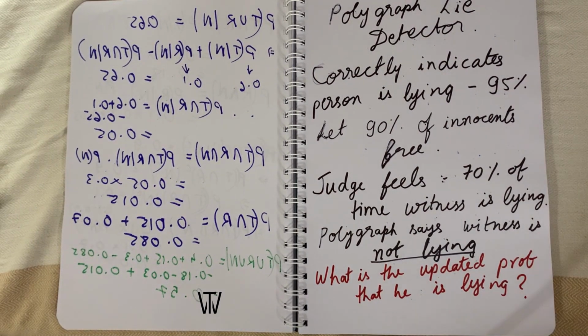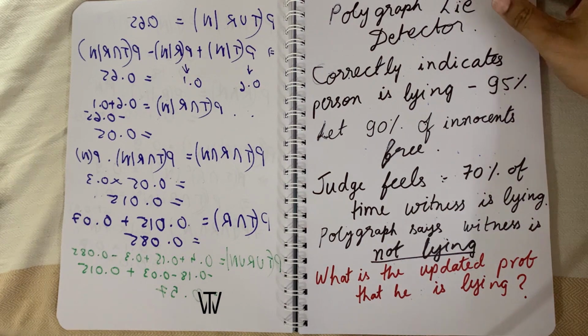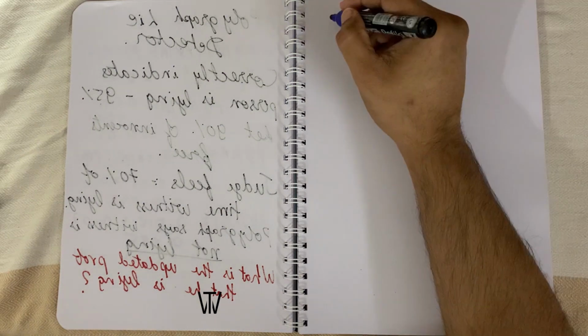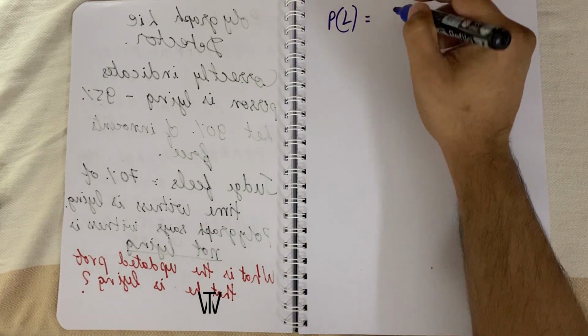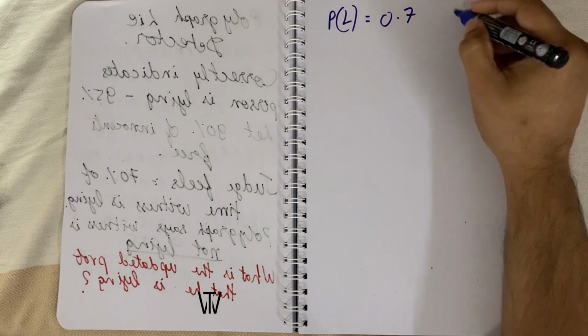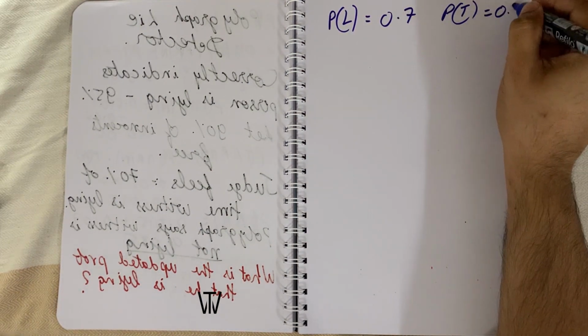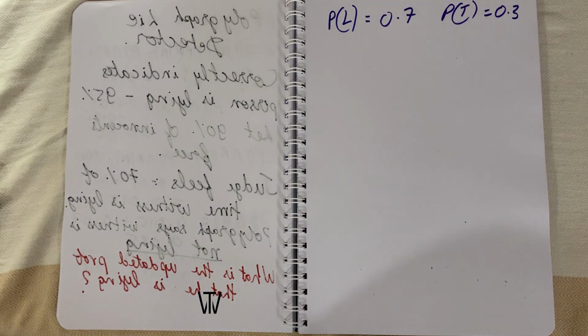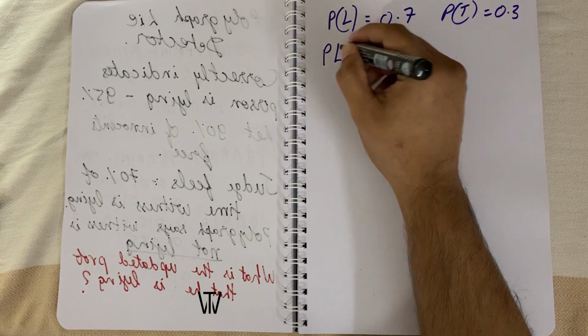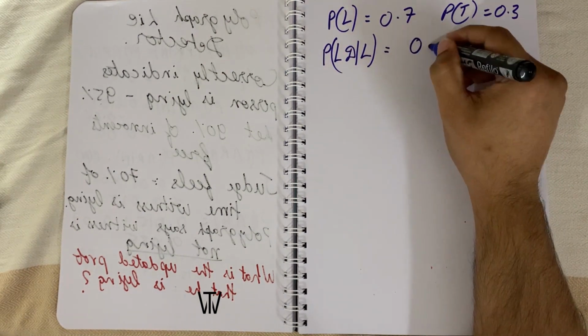So, to solve this problem, let's see what information is given. It is given that the judge feels there is a 70% chance that he's lying. So, P of L is 0.7, which gives P of T, which is speaking the truth, P of T equals 1 minus 0.7, that is 0.3. Also, the probability that the lie detector detects a lie given that he is lying is 0.95.